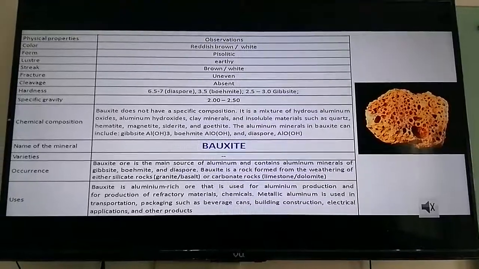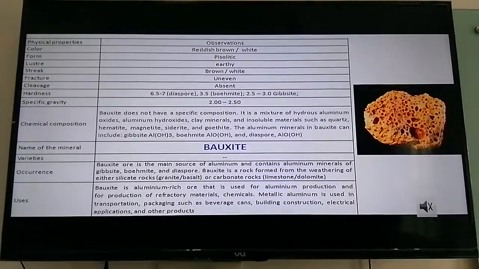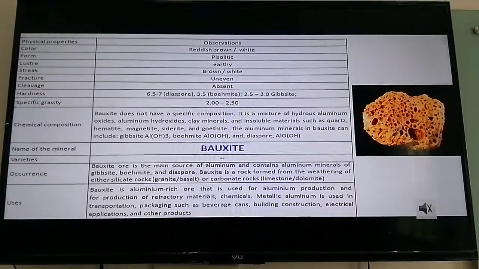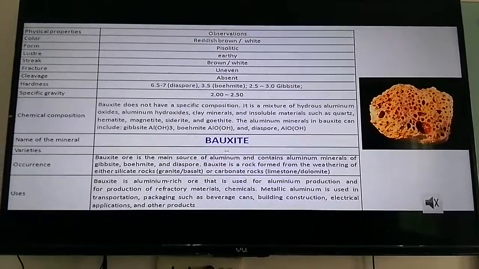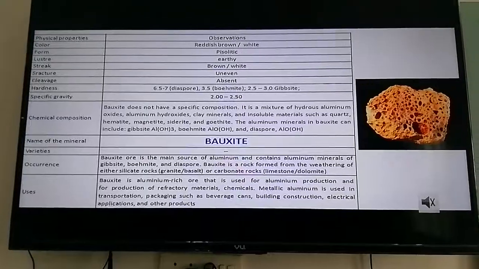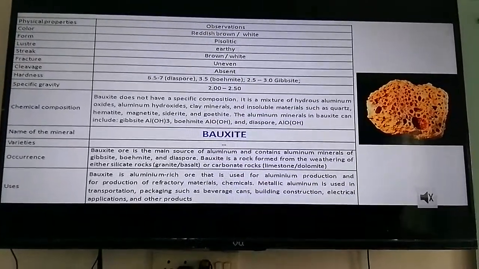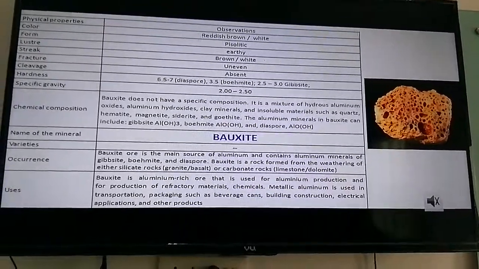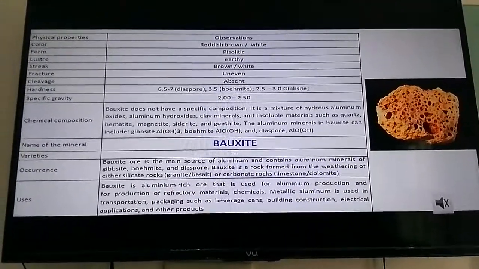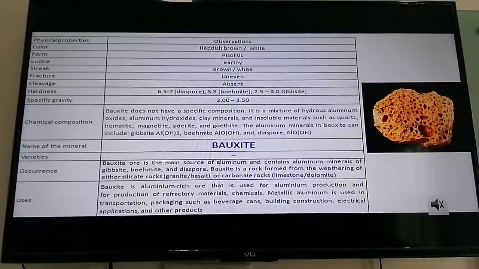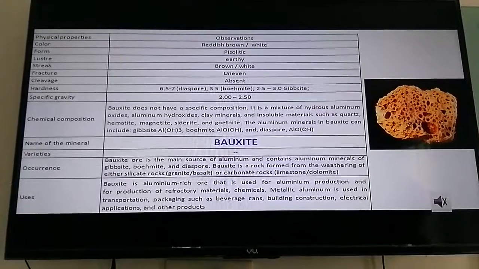It is a mixture of hydrous aluminum oxides, aluminum hydroxides, clay minerals, and insoluble materials such as quartz, hematite, magnetite, siderite and goethite. The aluminum minerals in bauxite include gibbsite, boehmite, diaspore, etc. Bauxite ore is the main source of aluminum.